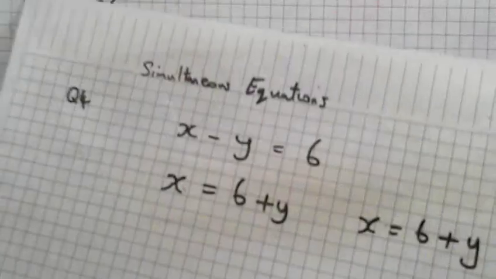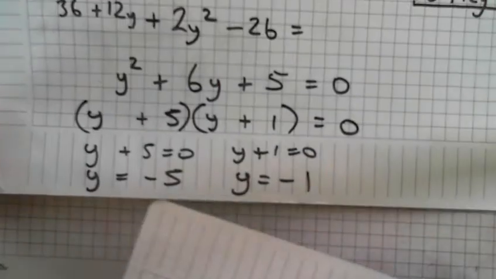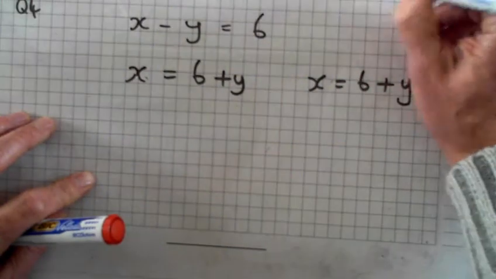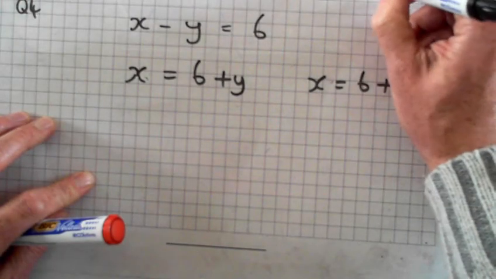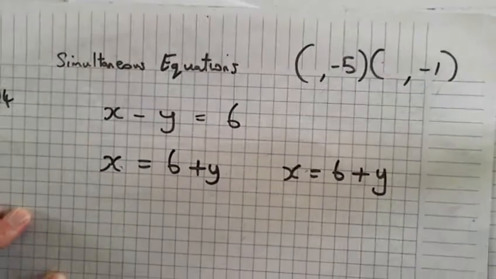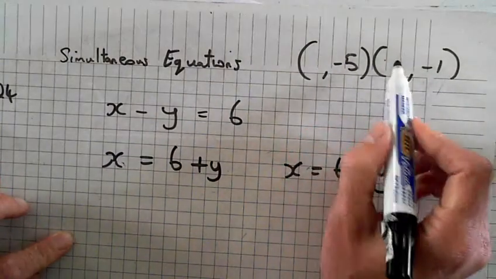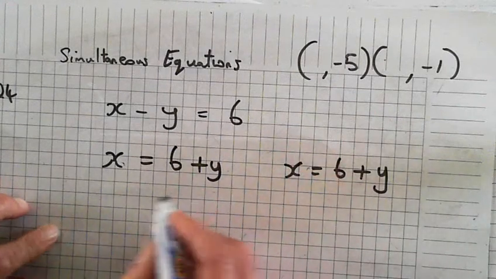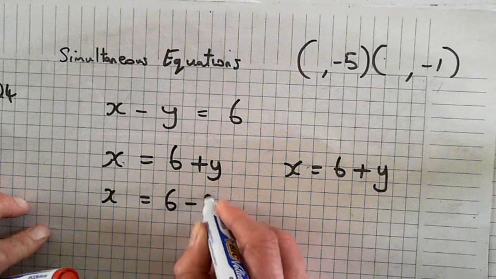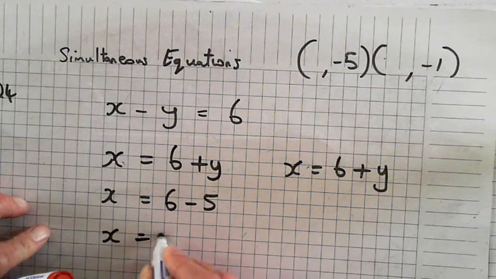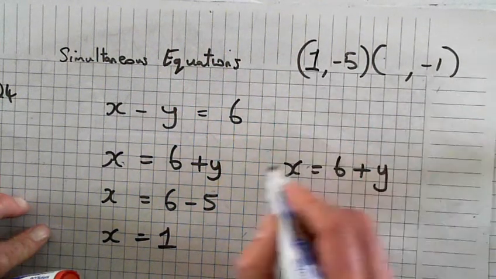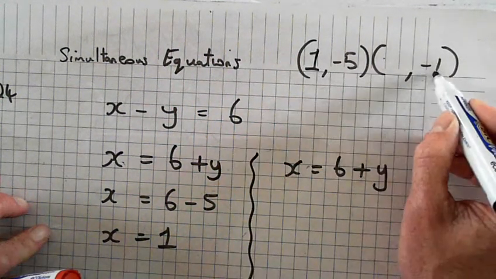What were our two y values? Minus 5 and minus 1. We have to get our two x values. So on this side we'll put in y is equal to minus 5, x is equal to 1. On this side we'll put in y is equal to minus 1.